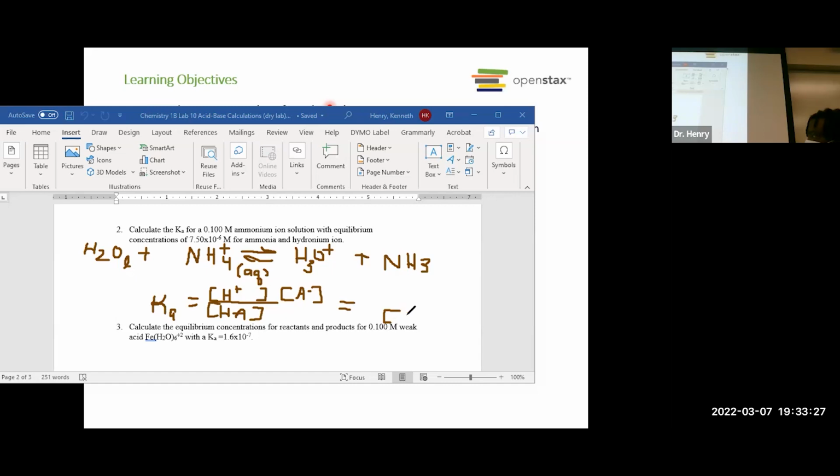So in this case, it's going to be the ammonium ion in the denominator, and on the numerator, it's going to be the hydronium ion times the concentration of ammonia.